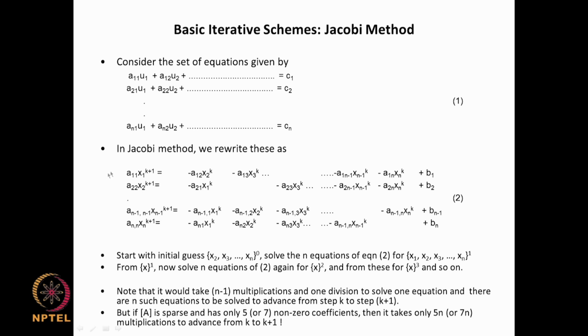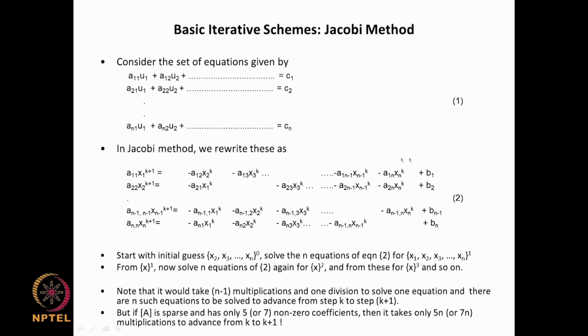We have rewritten the original equation with the same b as the given equation, and all the other elements except the first element in the first equation are shifted to the right hand side. And so from this we can get x1^(k+1) as minus a12 divided by a11 times x2^(k) minus a13 divided by a11 x3^(k) and so on plus b1 by a11.